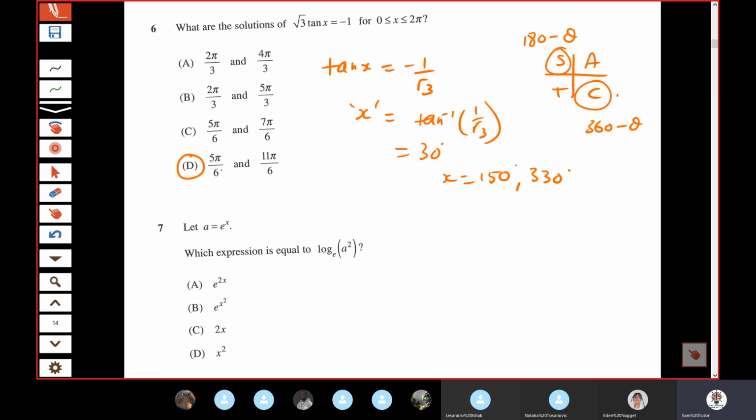Then, to get into radian mode, divide by 180 and put a pi, and hopefully it should give us D. Any questions now of any of the steps I've done? Okay, all good?